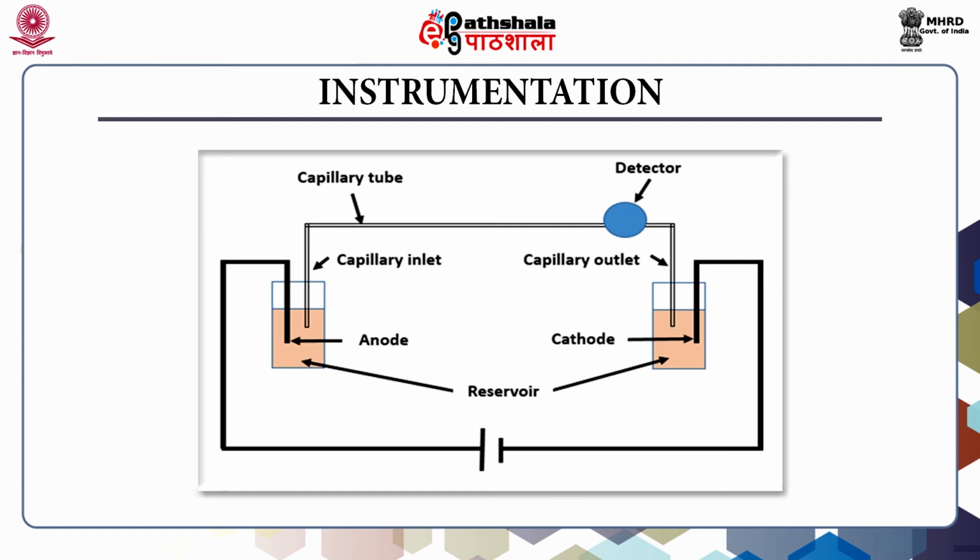A power supply capable of providing high voltage is required. Electrodes are connected to the power supply. The detector is fixed towards the cathodic end of the capillary tube. The data processor is required for converting the detector signal into a usable form.